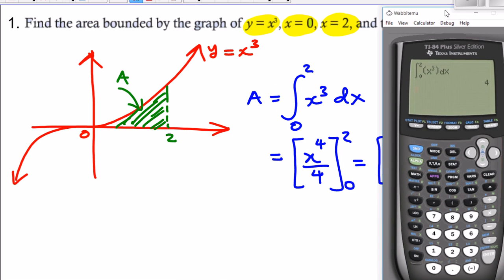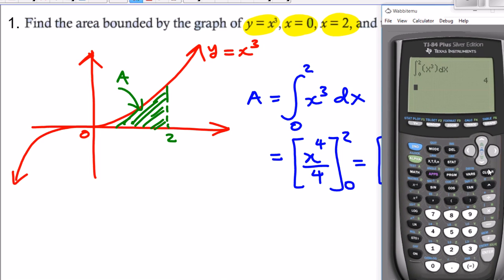There's also another way you can do this. Using a graphing calculator, go on to y is equal to, plug in the function x cubed, and then just graph it. So you have the function.